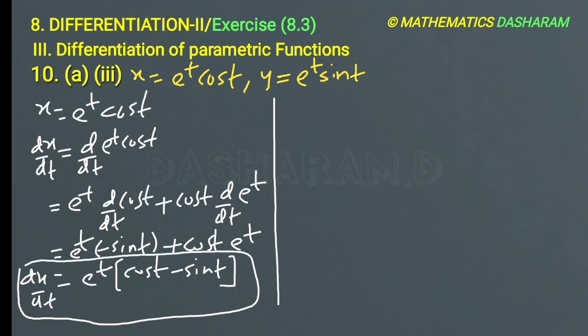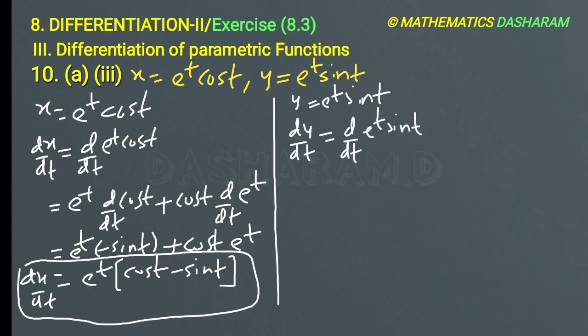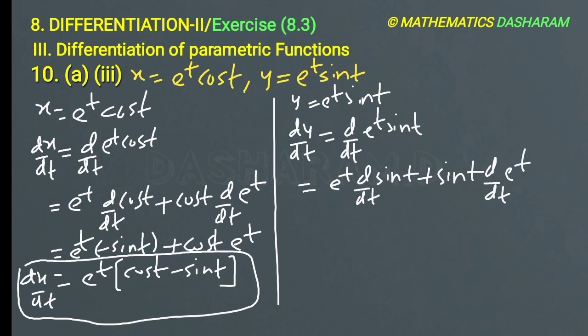Next, second function y equals e power t into sin t. Do the derivative on both sides with respect to t. So d by dt of e power t into sin t. Here also the same product rule: e power t into d by dt of sin t plus sin t into d by dt of e power t.